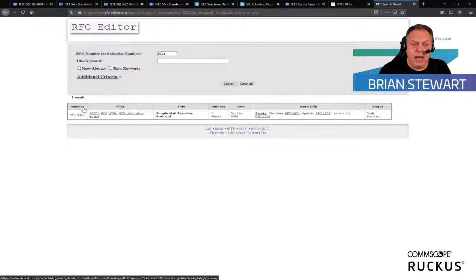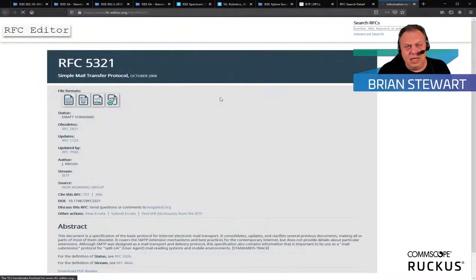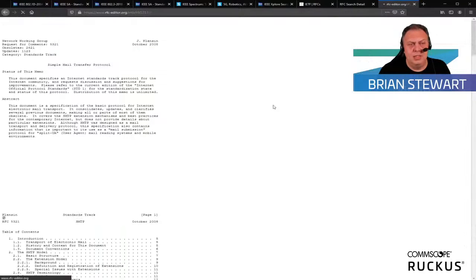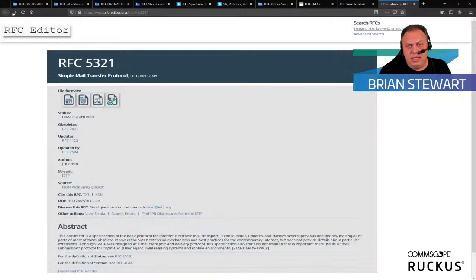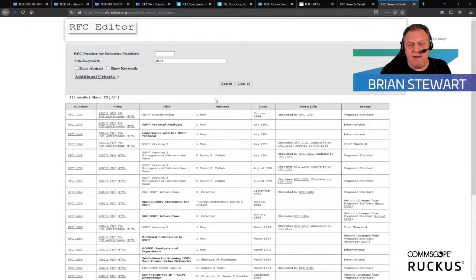So if I want to learn more about how DNS functions and communicates, I can go and read the entire content of that standard. And this is not just true for that. This is true for anything like OSPF. If I want more detail on how OSPF works, then I see it was originally RFC 1131 that was obsoleted by 1247.